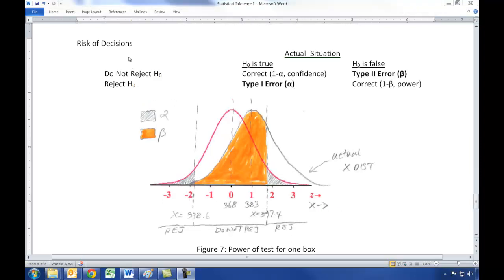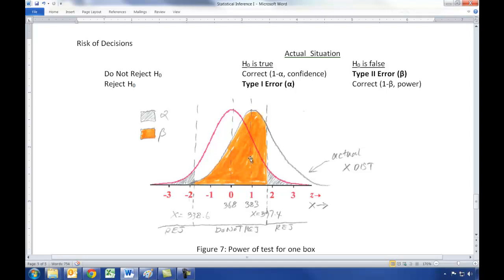Let's now look at the risks associated with following the decision rules we just described. And similar to the earlier example with cats, we will still have this 2x2, 4 outcomes. 2 of them are correct decisions, and 2 of them are 2 ways of making errors.